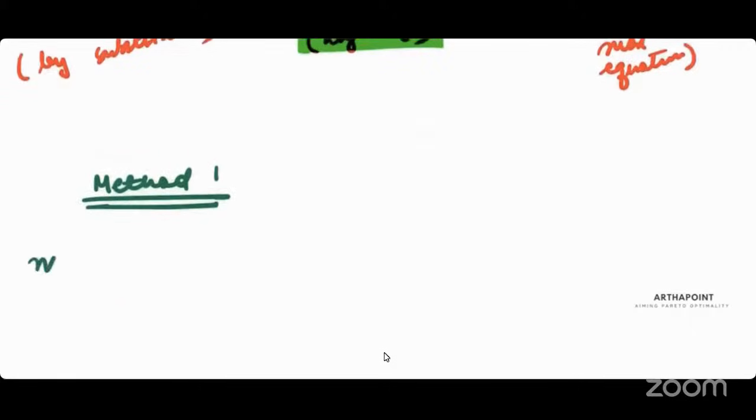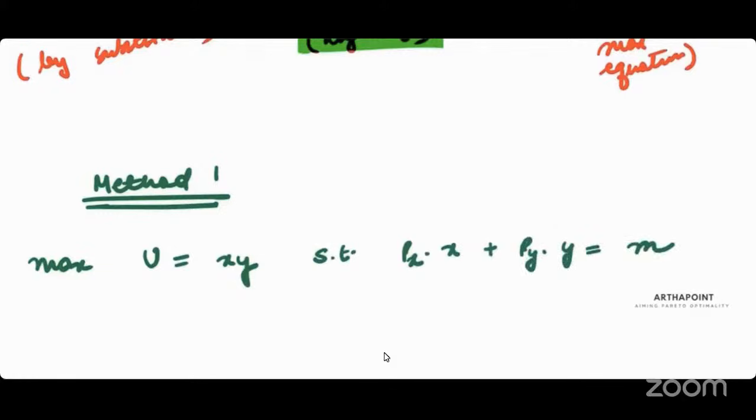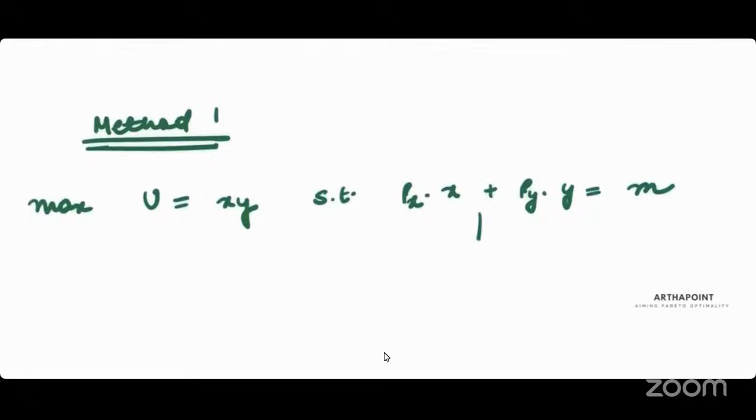So my aim is to maximize u equal to xy subject to px into x plus py into y is equal to m. In method 1, you want to bring the utility function in only one variable. So what are you going to do? You are going to find the value of y from your budget line.